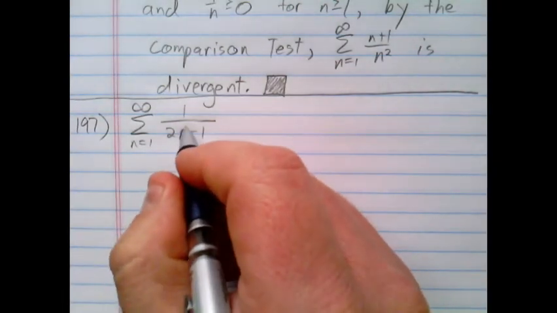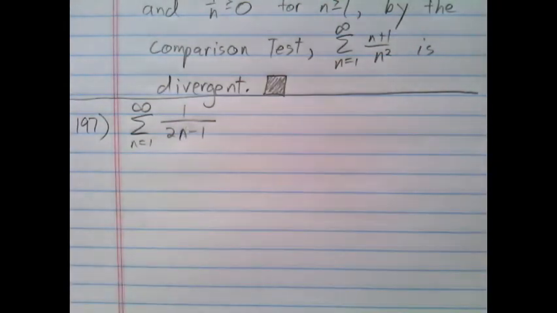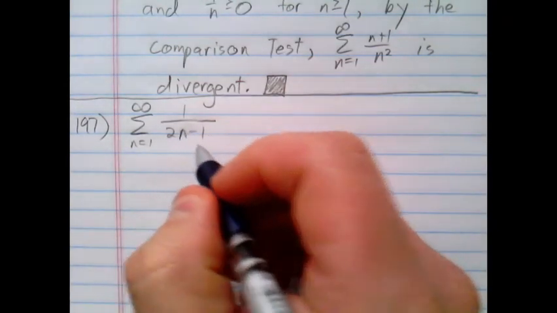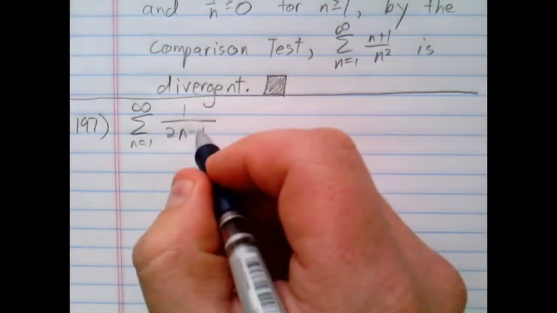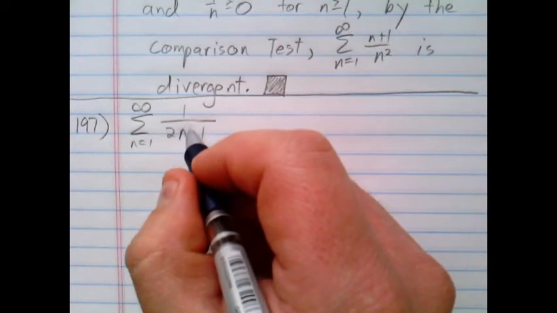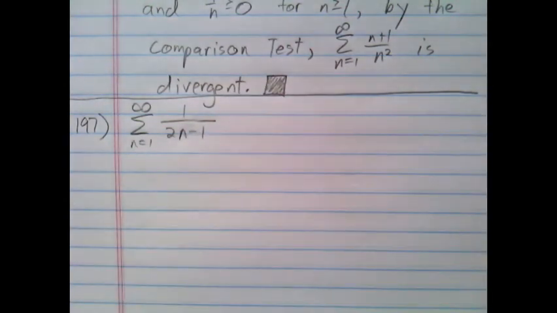Seeing that n is a base and not showing up as a power anywhere, my first thought is this is kind of like a p-series, and since the only power of n I'm seeing is an n to the 1, I'm thinking, yeah, this is like the p-series where p equals 1, which is divergent.